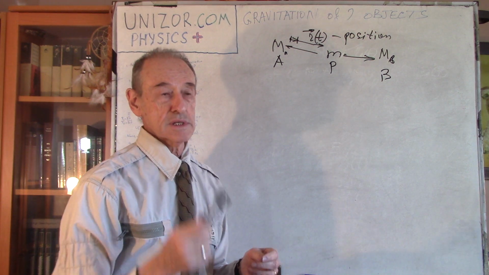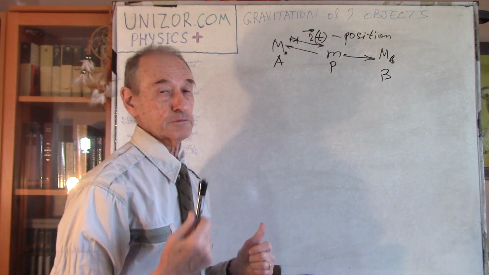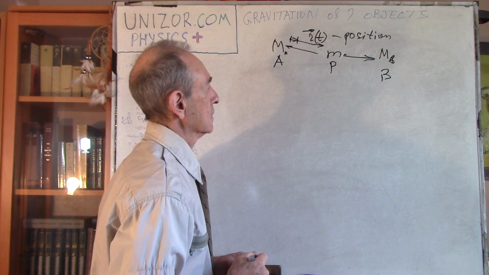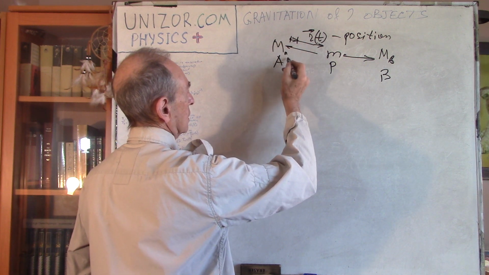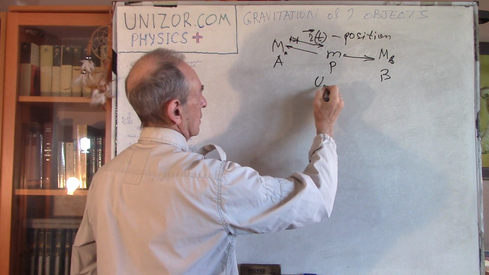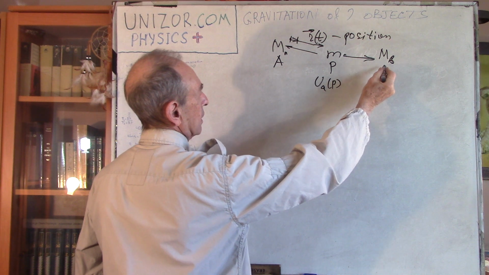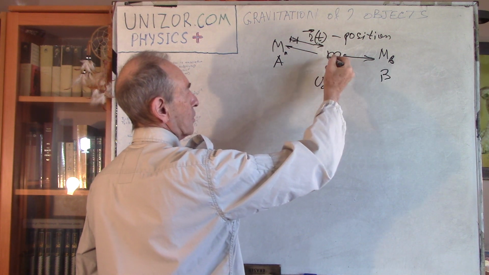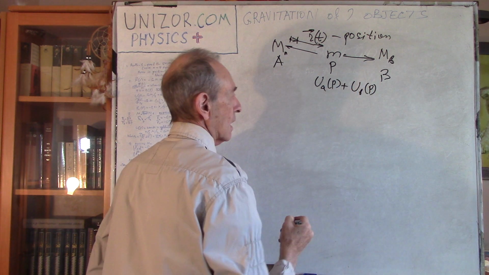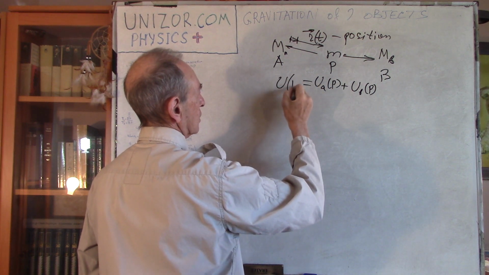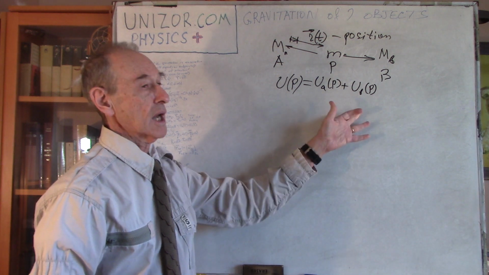At the same time, since the force can be represented as the gradient of potential, if you measure separately the potential of the field produced by this mass at point P, and the field from capital M B produced at the same point, these are two potentials. They are added together to get a total potential.